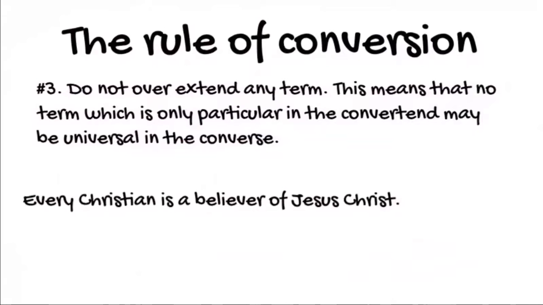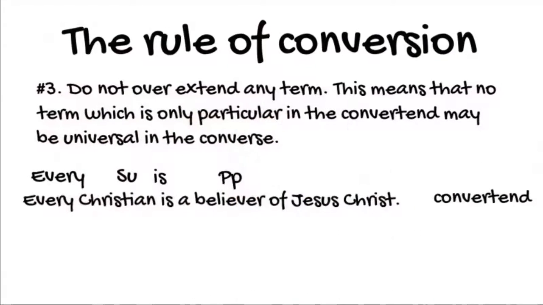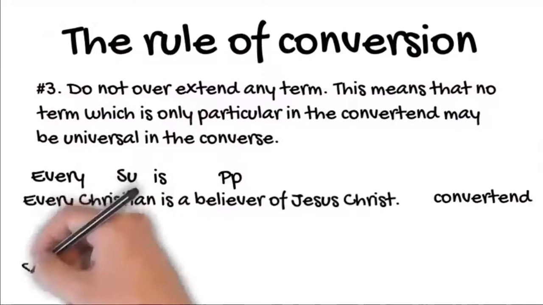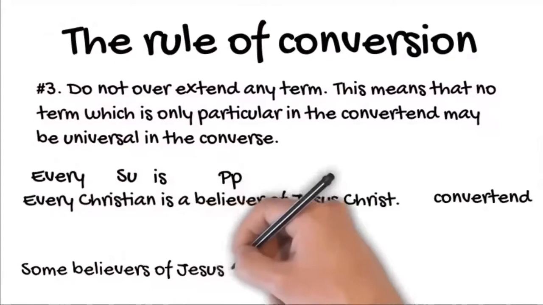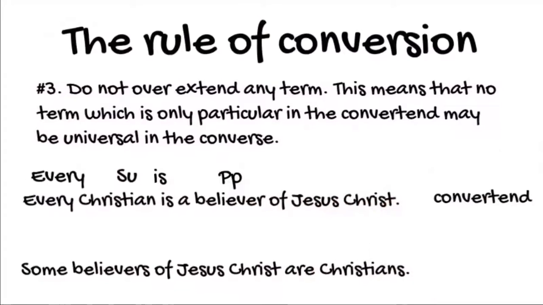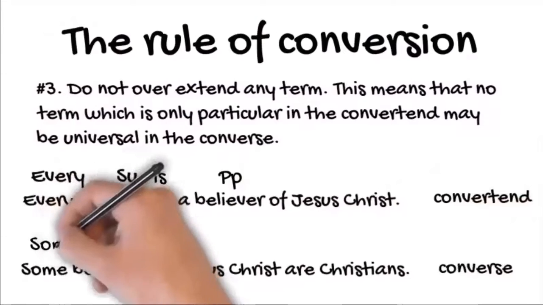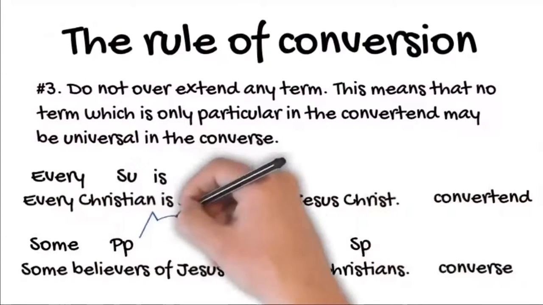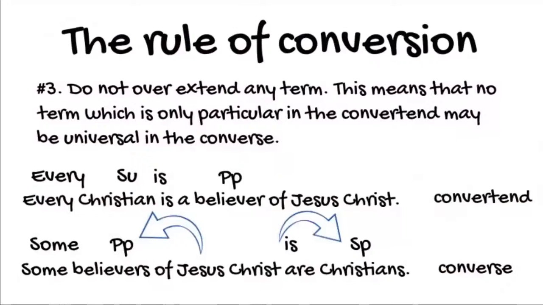So we have a subject term Christian that is universal and the predicate term particular. In our converse, we must make sure that these terms are particular so as not to overextend them. So we have believers, particular, and Christian, particular.